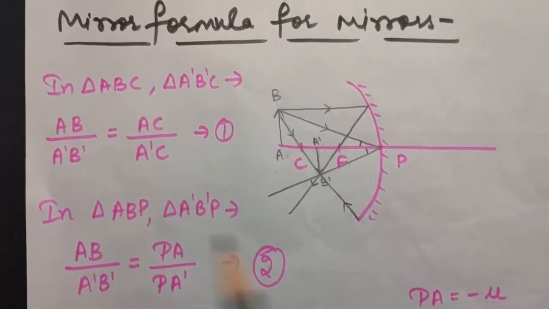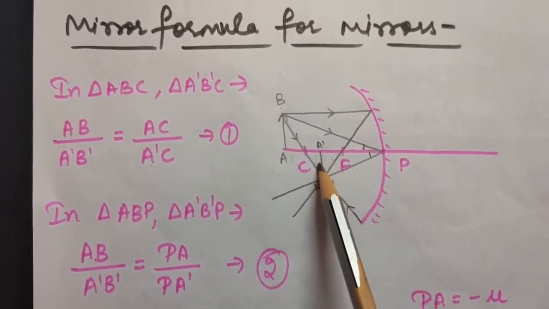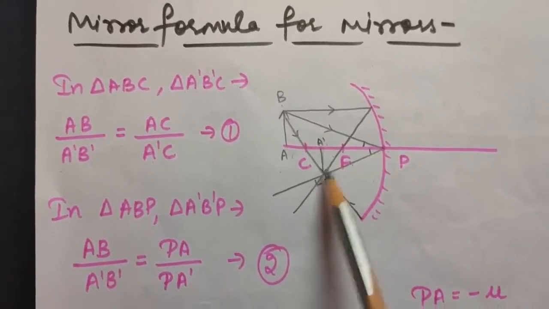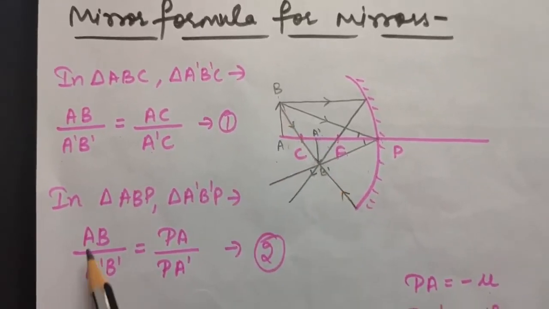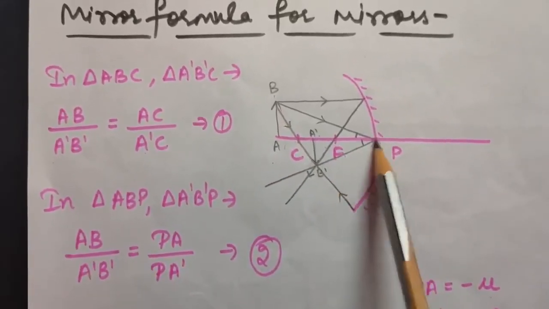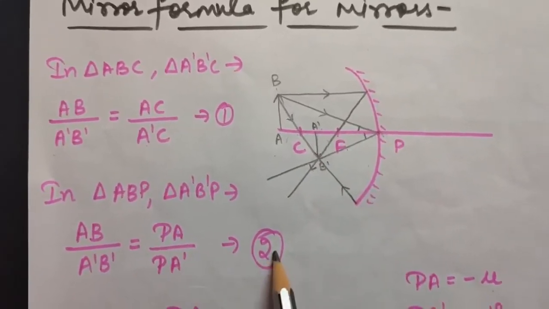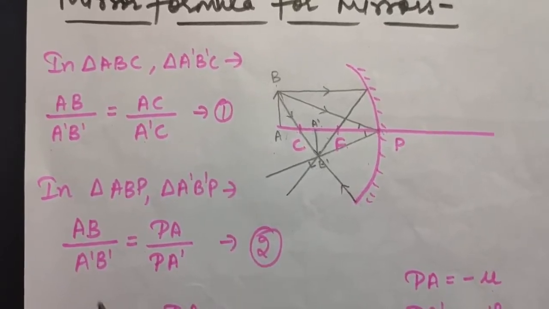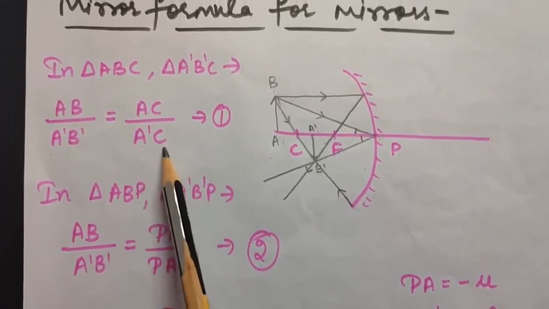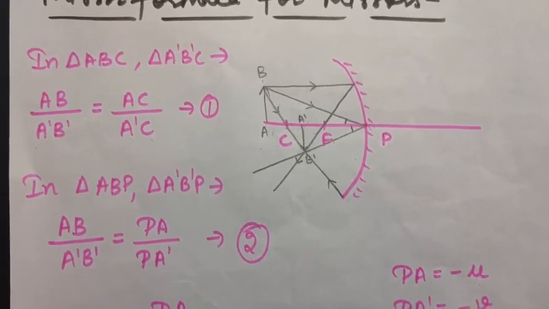Then similarly, the triangles ABP, that is this one, and A'B'P are again similar. So we can write AB upon A'B' is equal to PA upon PA'. Mark it second equation. Now if you compare the first and second equations, you will get AC upon A'C is equal to PA upon PA'.